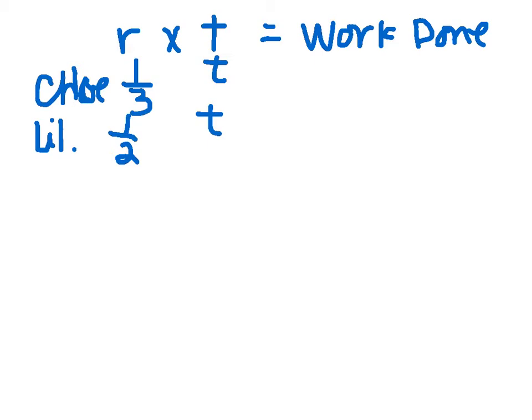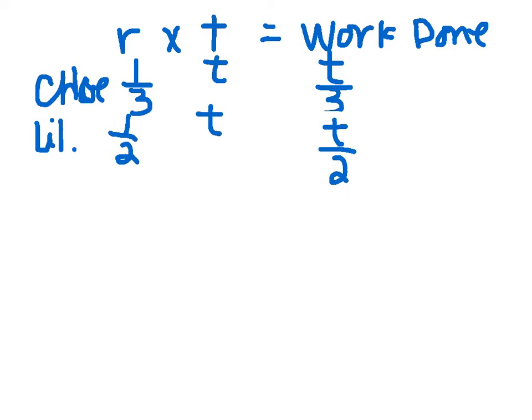So, rate times time equals work done. 1/3 times t is t over 3, or you could call it 1/3 t. I like this way. 1/2 times t is t over 2. And from here we can get our equation, and this is one of the things that's really easy about this. We always want the whole job to be done. A whole pizza, the whole pie, 100%.